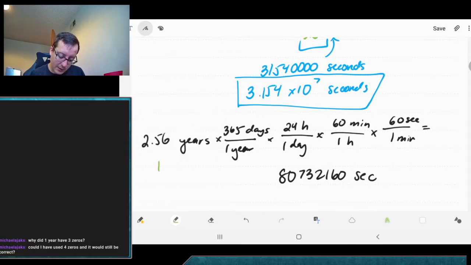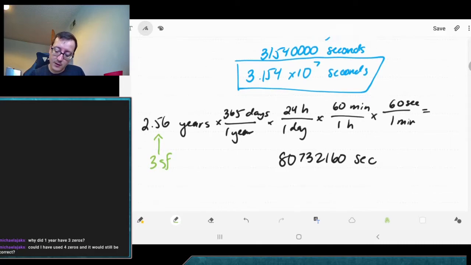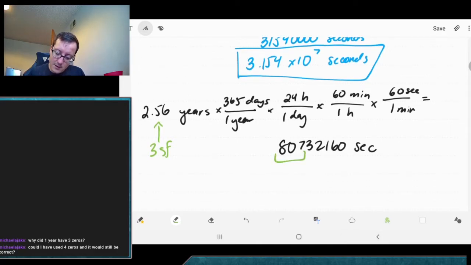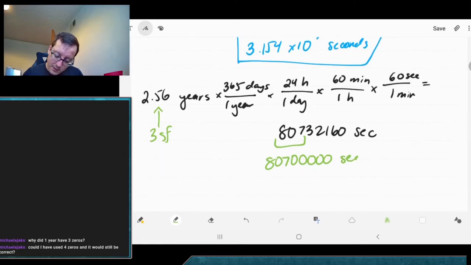We take a look here, we've got 3 sig figs. We want our final answer to have 3 sig figs. So this will be 8.07 times 10 to the 7th seconds, either way.